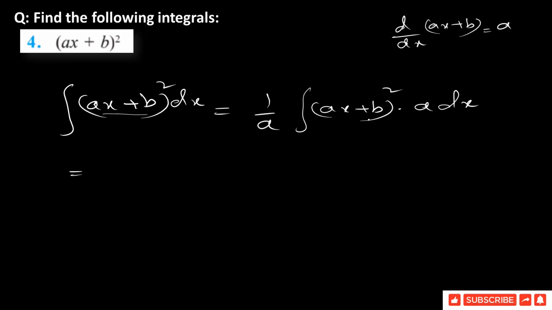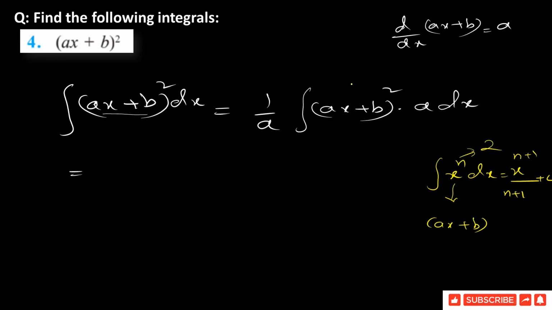Okay. Now we apply this formula. The formula is the integral of x power n dx equals x power n plus 1 upon n plus 1 plus c. Now, you know this x is ax plus b and the dx is a dx. So now we can apply the same, and n is equal to 2 here.